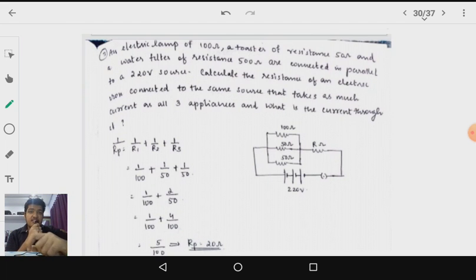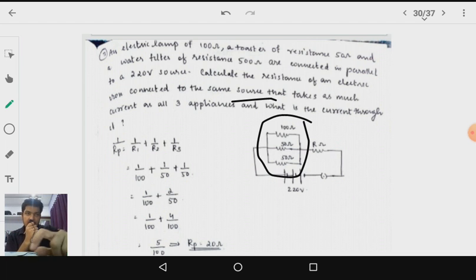Calculate the resistance of the electric iron connected to the same source that takes as much current as all three appliances, and what is the current through it. So here we can see that an electric lamp of 100 ohm, toaster of 50 ohm and water filter of 500 ohm are connected in parallel. We can find out the net resistance of this arrangement.